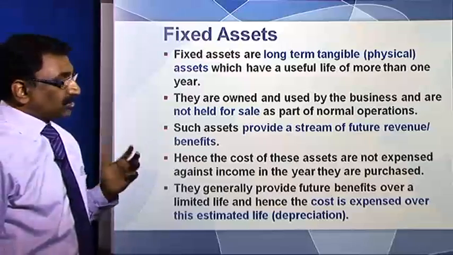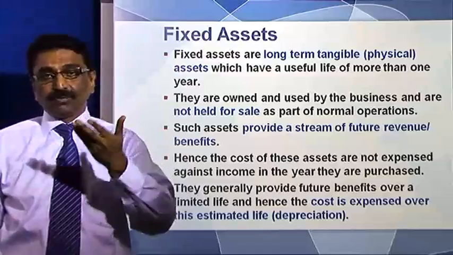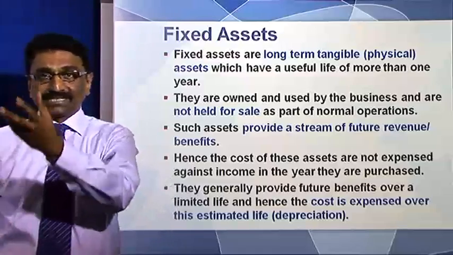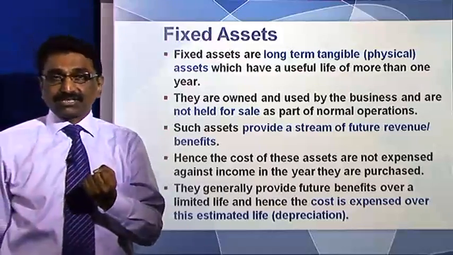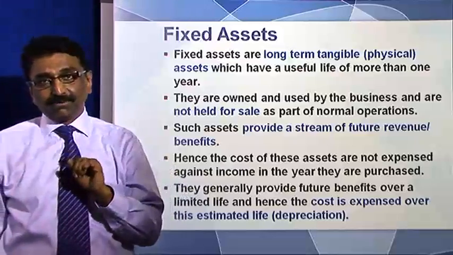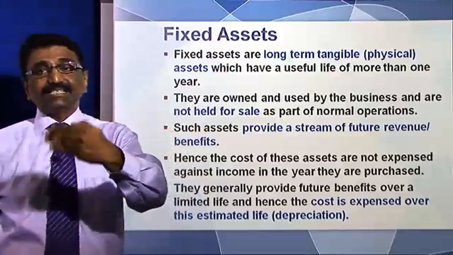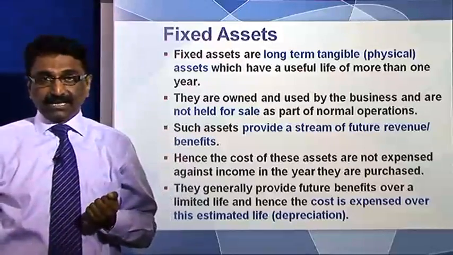So the cost of these assets, now what happens is, logically, if I were to buy a product that I am going to sell, I will cost the product and then sell it and remove the cost to arrive at my profit. But here we have bought an asset which has a long-term benefit attached to it.